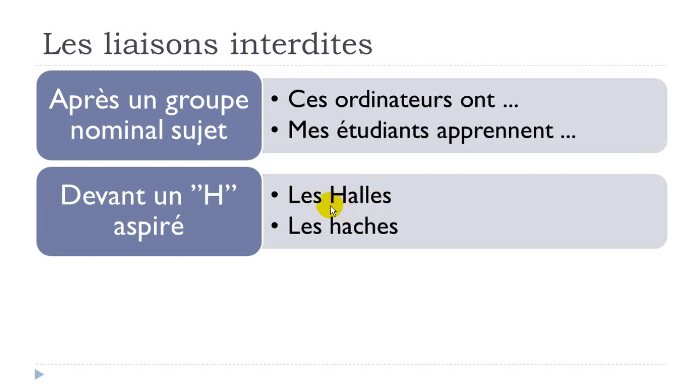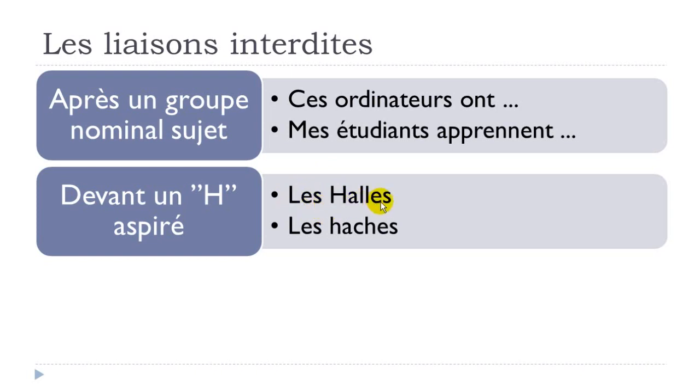Even if you've got this H, it belongs to this aspiré group of words, and it means you won't have the possibility to make the liaison between your article and your word. So you shouldn't say les halles with a liaison, but you should say les halles.